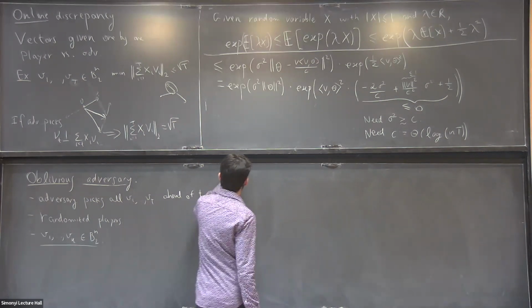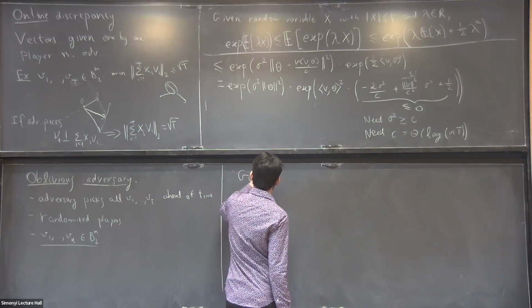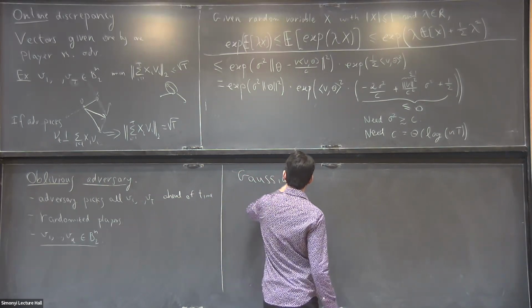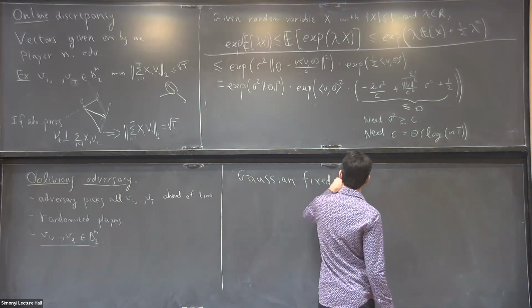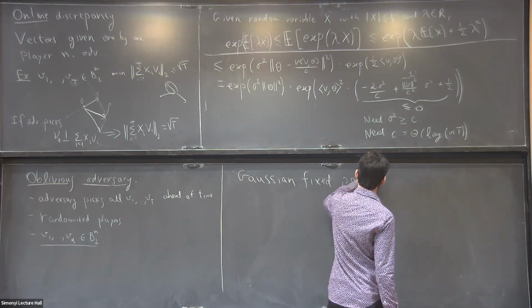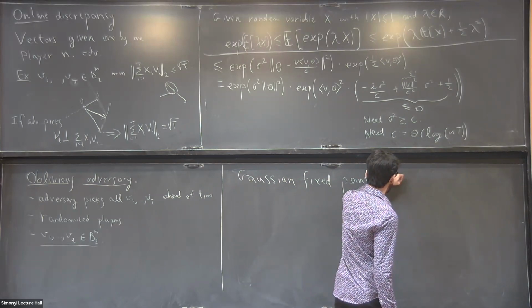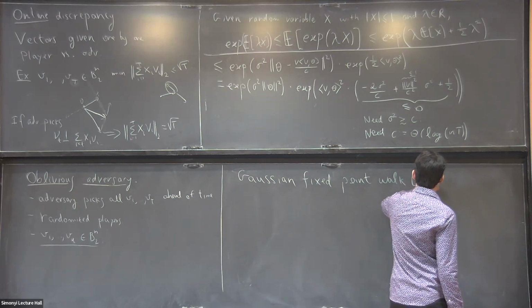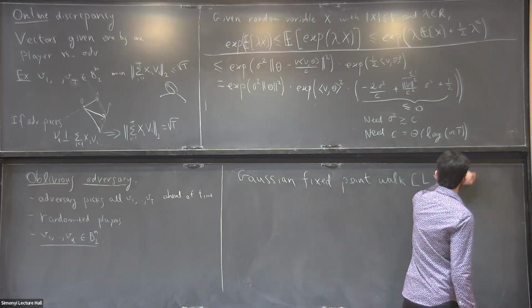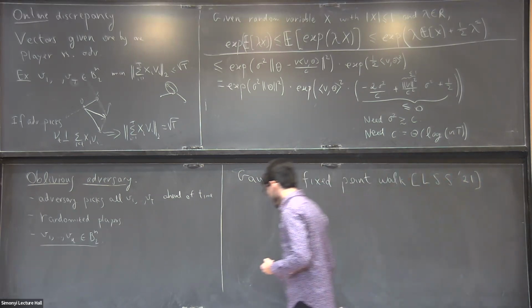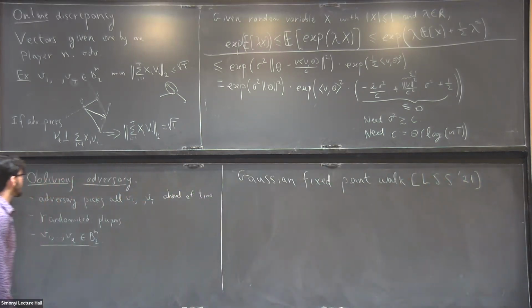There's this Gaussian fixed point walk, by Young, Sa and Sonny, 21. It's an algorithm for the same problem where you have these vectors from the unit ball, and I want to fight against an oblivious adversary.